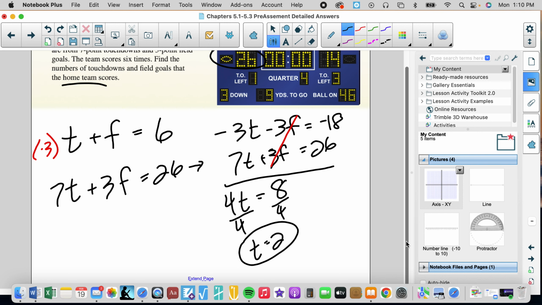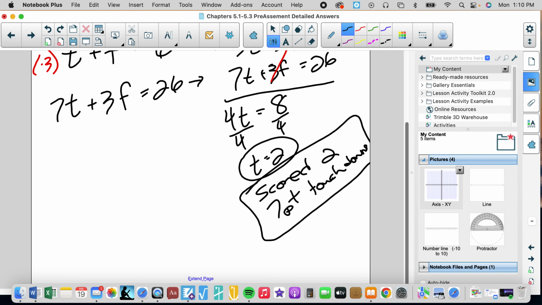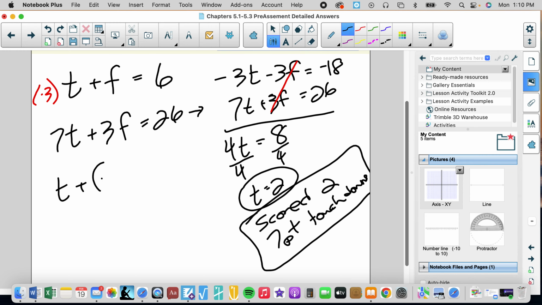So I scored 2 touchdowns, 2 7-point touchdowns, and going back to t plus f equals 6. So t is touchdowns, and there are 2. How many field goals did I score?